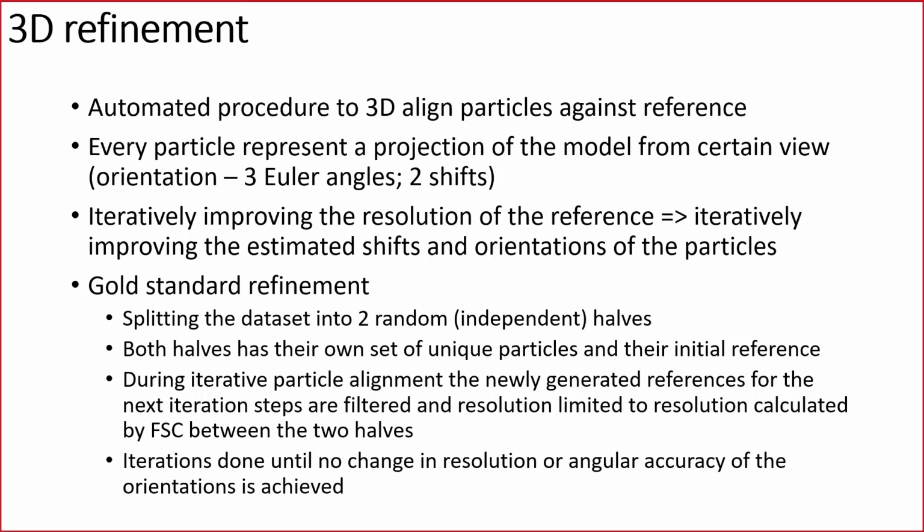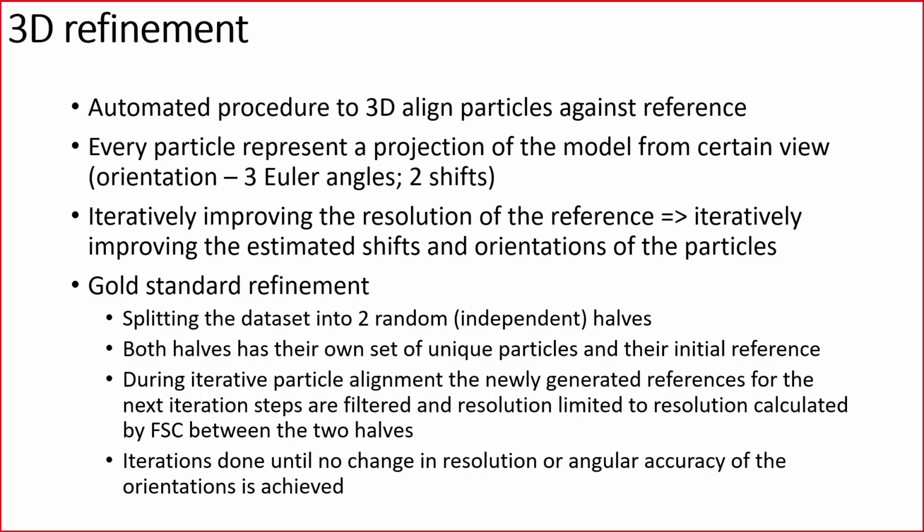And then iteratively, you can take the most probable or integrate the probabilities, weighting the projections and back projecting these to the measured data to get a better reference. And using this better reference, because the better reference has more high frequency information, you can align your particles even better and iteratively go to some convergence. Of course, 3D refinement also has to start with a very generously low-pass filtered initial model to avoid model bias.